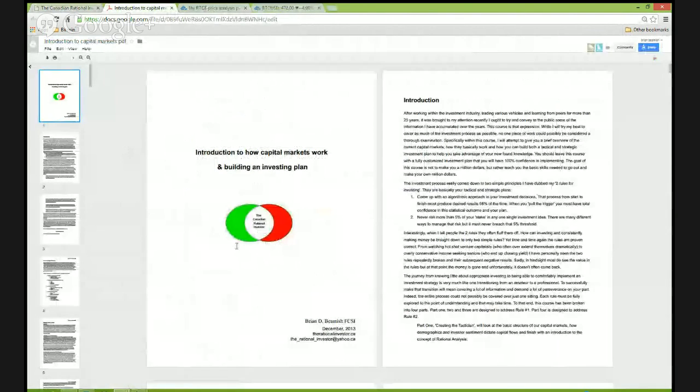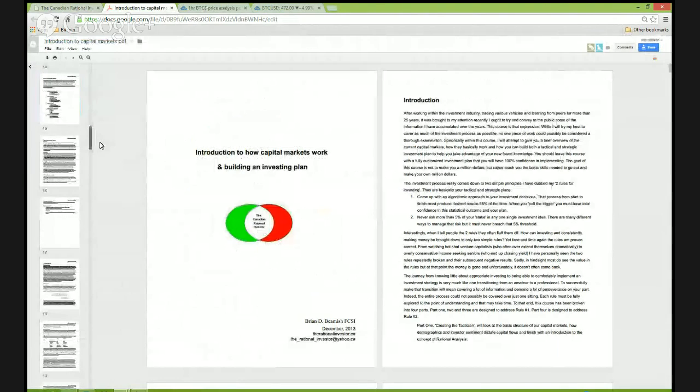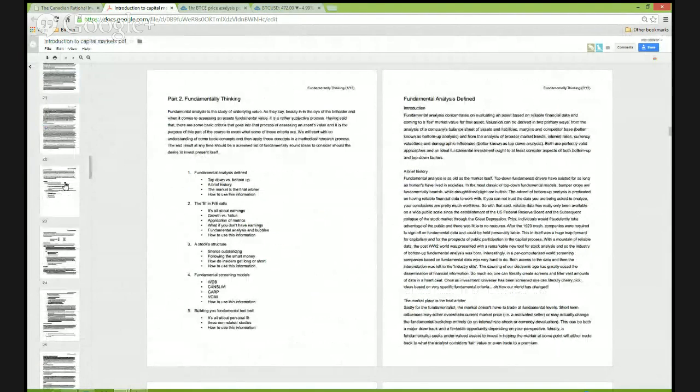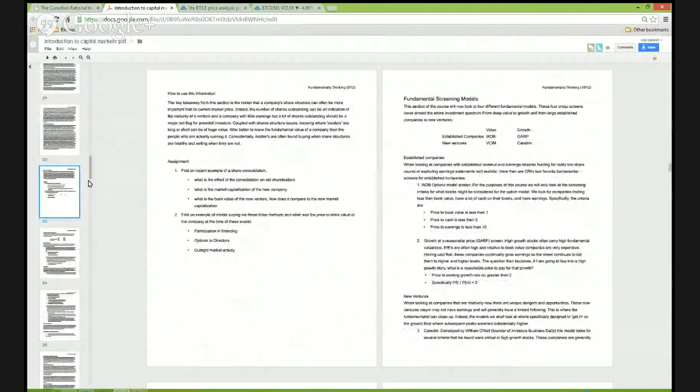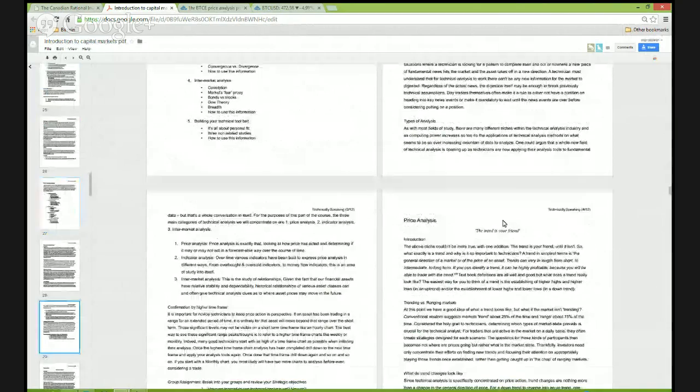the concept of divergence, where basically, let me see if I can find it here quickly for you. Where are you, technical analysis? There we are.